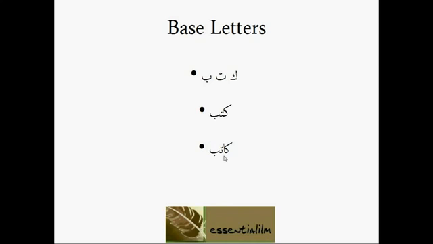Again, you can replace with some other base letters like nun, sad, and ra. If you placed nun, sad, and ra here, you would have nasara. So instead of he wrote, it would be he helped. If you place those nun, sad, and ra here in katib, it would be nasir. Katib meant the one who writes, so nasir means the one who helps.